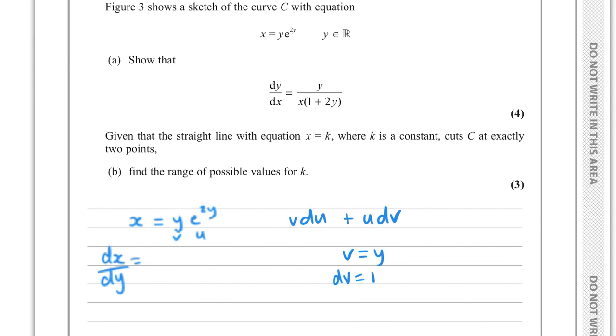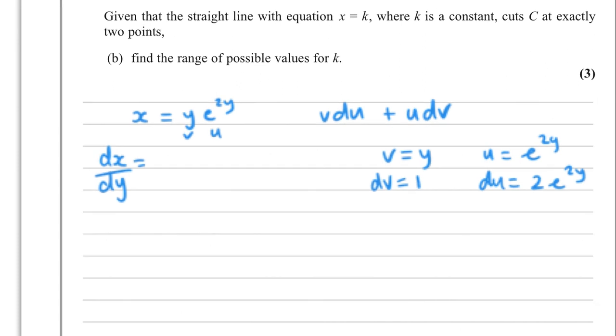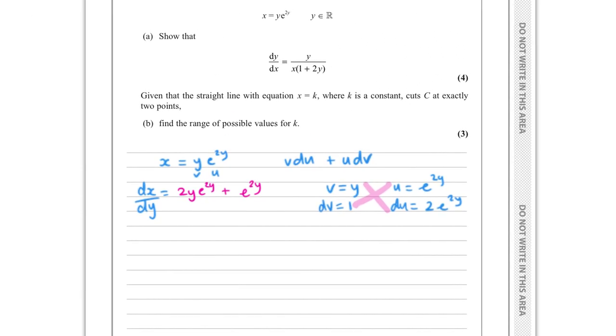The differential of y is 1. u equals e to the 2y. Is it definitely 2y? Yep. du equals 2e to the 2y. Remember, because we multiplied by the differential of the power. So, v du is 2y e to the 2y plus u dv, which is e to the 2y.